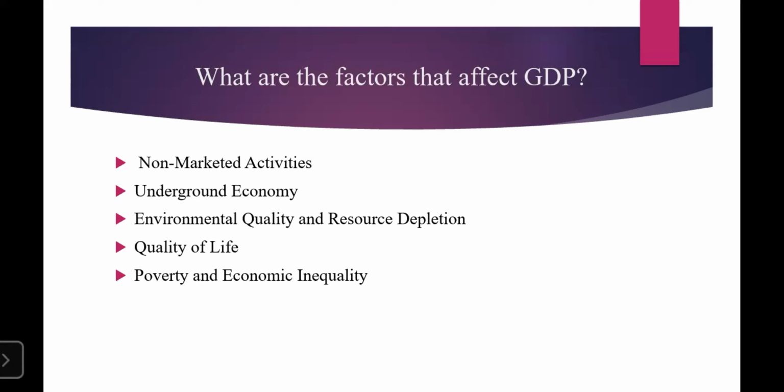Next one, environmental quality and resource depletion. China and India have recently achieved tremendous growth in real GDP and are cited as two models of globalization. But in expanding their manufacturing base, both countries have also suffered a severe decline in air and water quality.